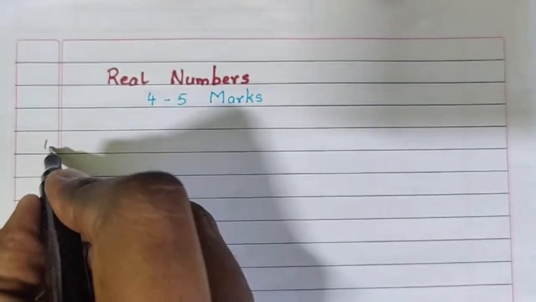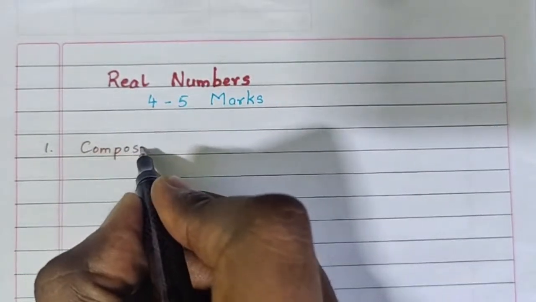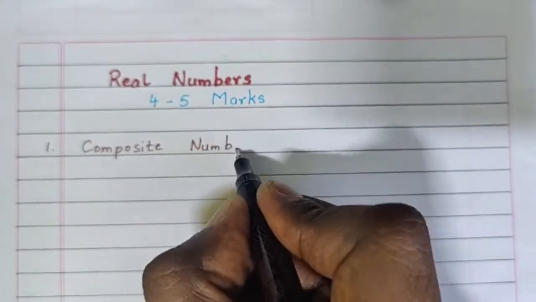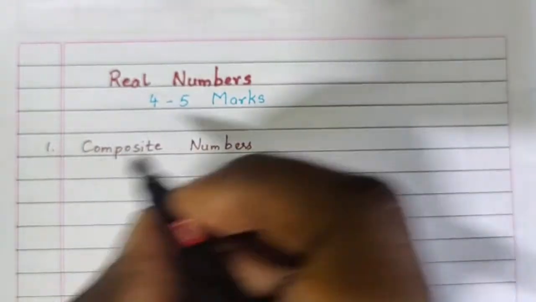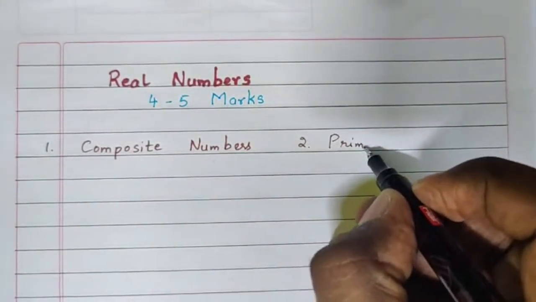For 1 mark you will have the definition of composite number. What are composite numbers? The numbers which have more than 2 factors. Or the definition of prime numbers.